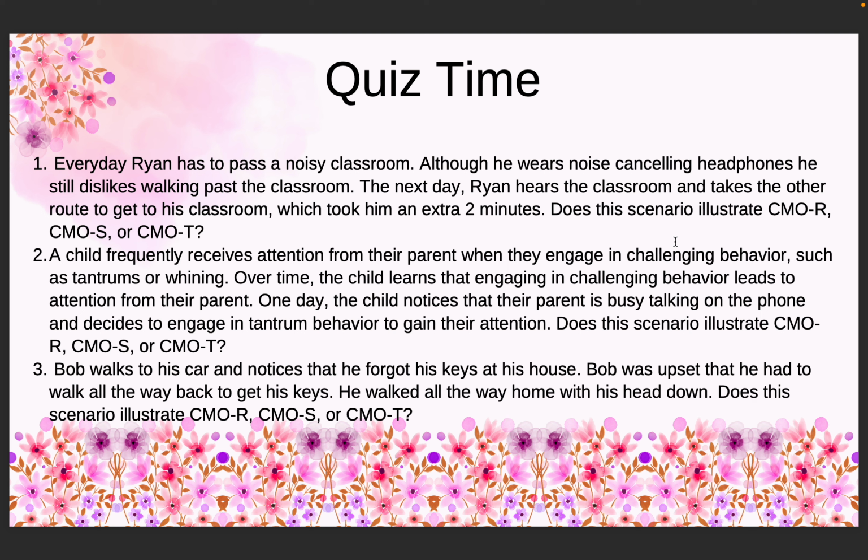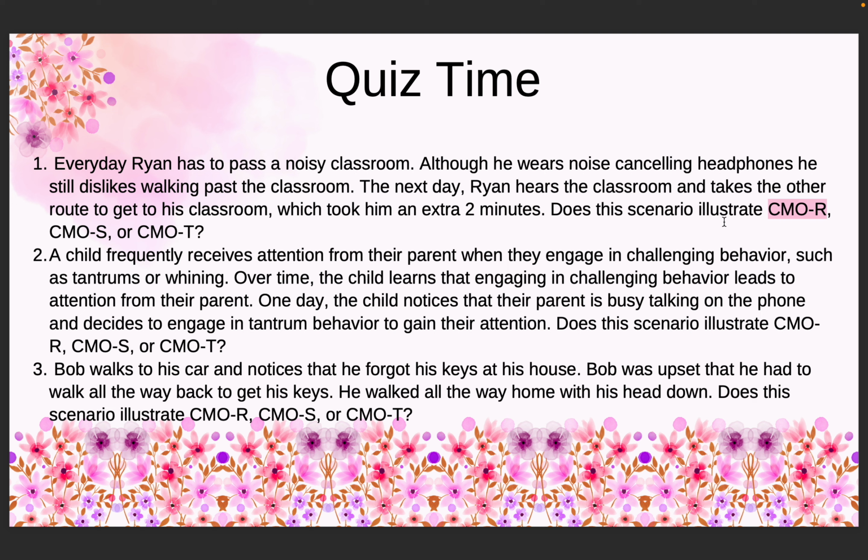Okay. In this scenario, we are illustrating a CMO-R. And I like to ask myself some questions along the way. So is there some sort of pairing that's going on? No. Is there some sort of second item that is required to complete the first item or first activity or first thing? No. Okay. Is there something that tells us something is about to get bad for me? Something that I don't like?